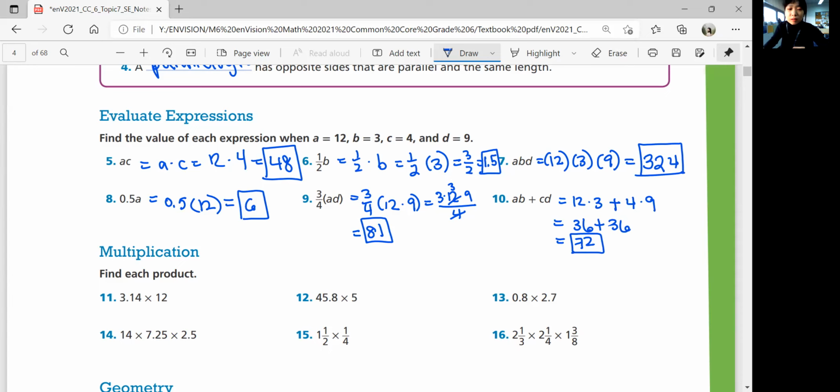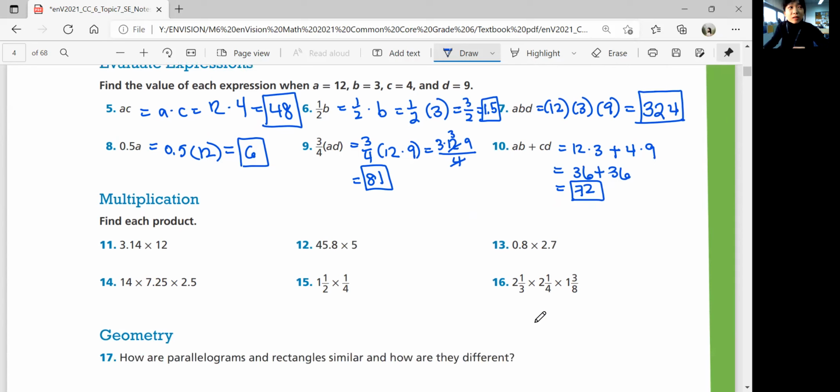Check your answers. And let's move on to multiplication. Can you find each product? These are simple questions that just check if you can be precise. How do you multiply a decimal by a whole number? You multiply 3.14 times 12, but you need to include the place values later.